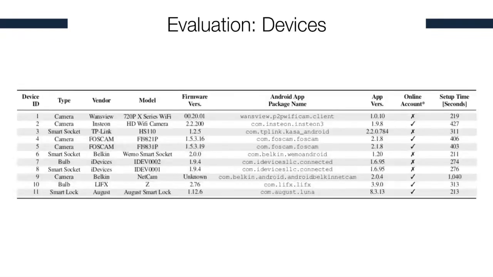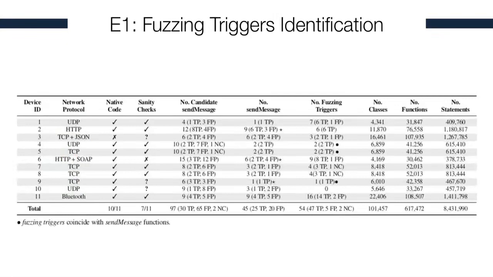These are the devices that are used in our evaluation. As you can see, these devices belong to different categories, such as smart cameras, smart locks, smart bulbs, and so forth. The results on the slide show the efficiency of fuzzing trigger identification.